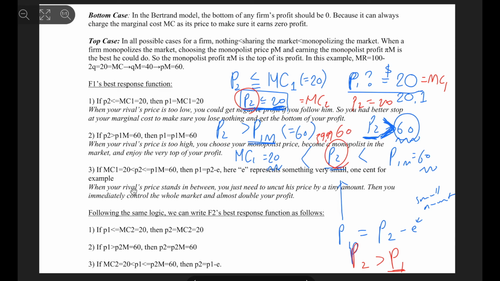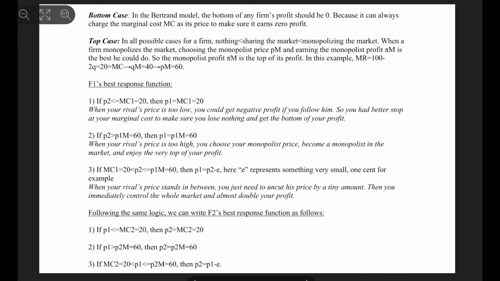So if the price is in between, it's easier if we know the competitor's price. But what happens in reality? What was the rule of the game? Can we know the decision of the other person? We cannot. We're doing the simultaneous game, right? One cannot know the other's decision when he decides his choice, right? So this cannot happen, right? So what about this? If P2 is greater than 60, what is the maximum price for P2?